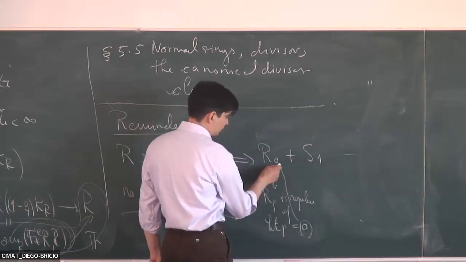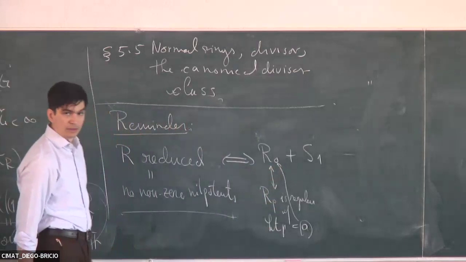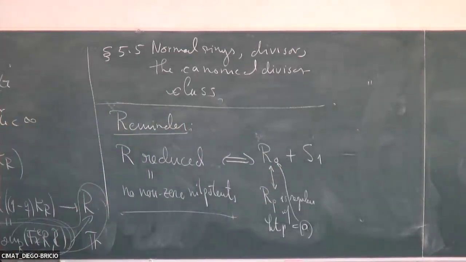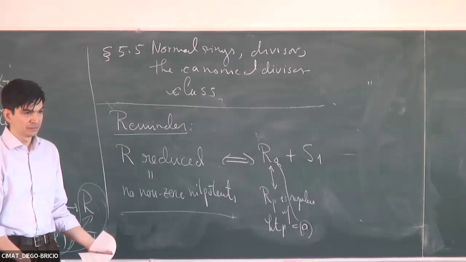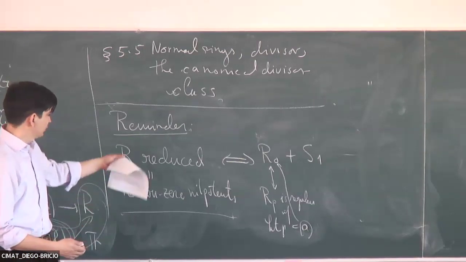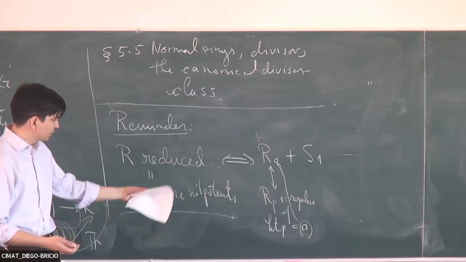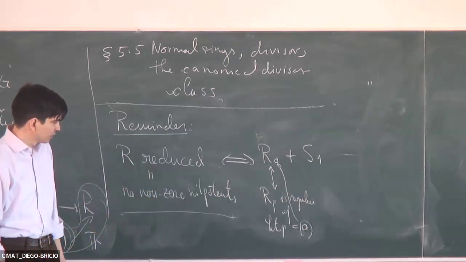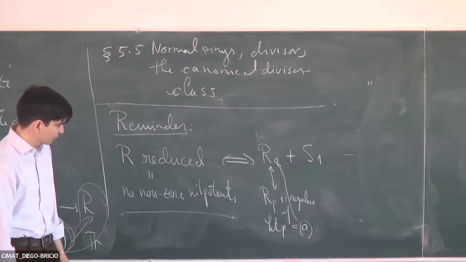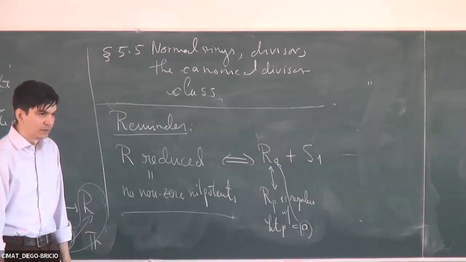If you look at the minimal primes and you localize at them, you get a regular ring. For example, if R is integral, this is a zero-dimensional regular ring, therefore a field.